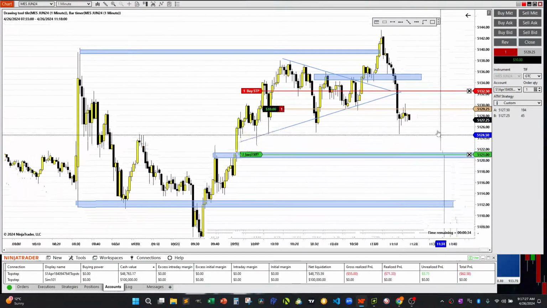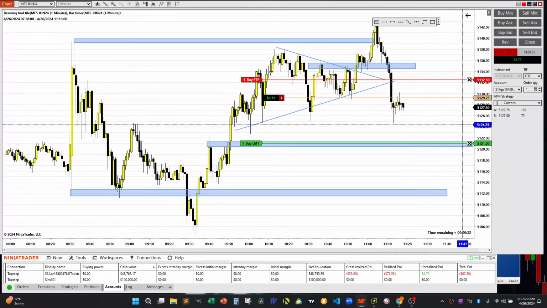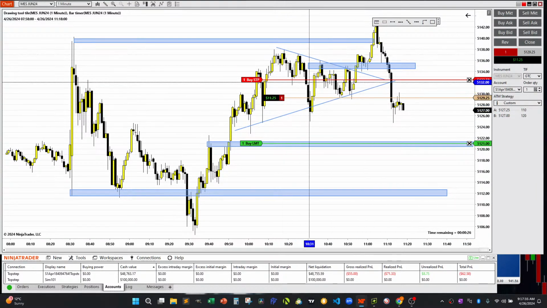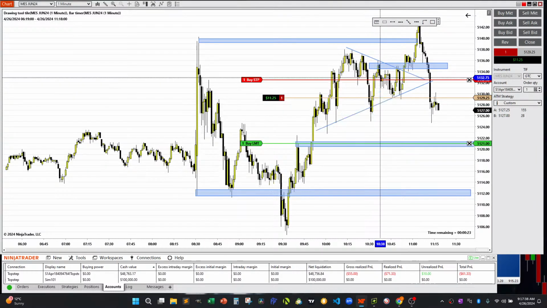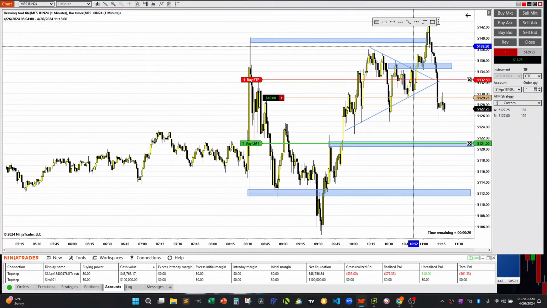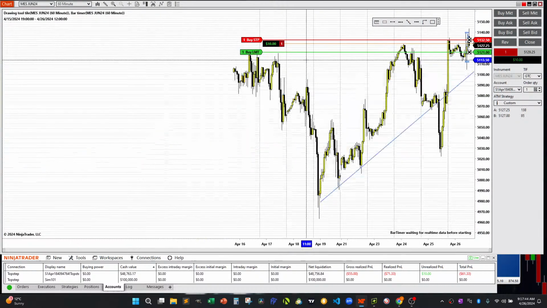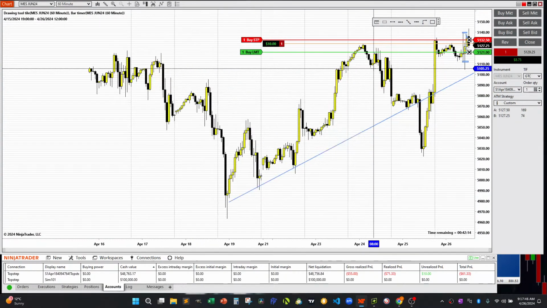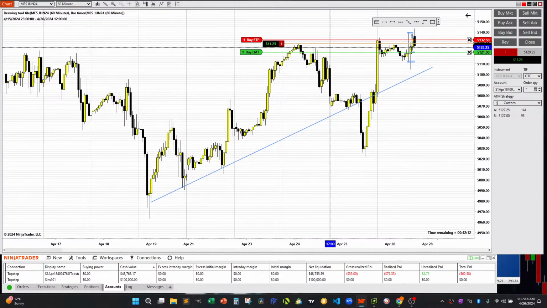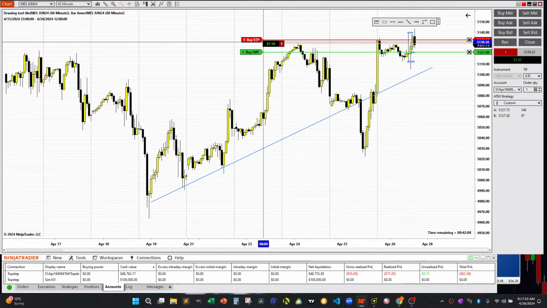It's hard to really get a reliability factor for patterns. And then you can also relate it to different time scales. So this will be a double top over the course of an hourly chart, or even a 30-minute chart. So top 1, top 2, and that would actually be the triple top.